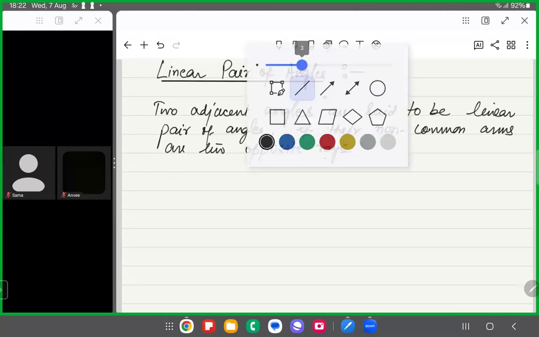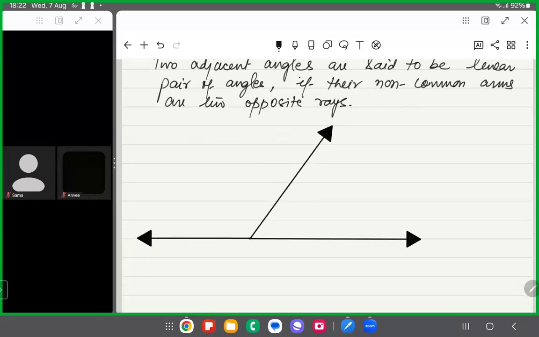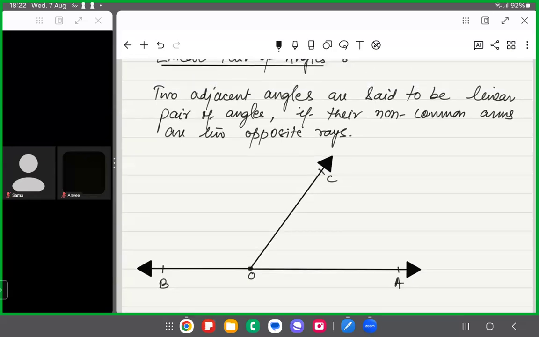Suppose we have an adjacent pair of angles. Look at this. This is O, this is A, this is C, and this is B. Are angles AOC and BOC adjacent or not? Yes, they are adjacent.